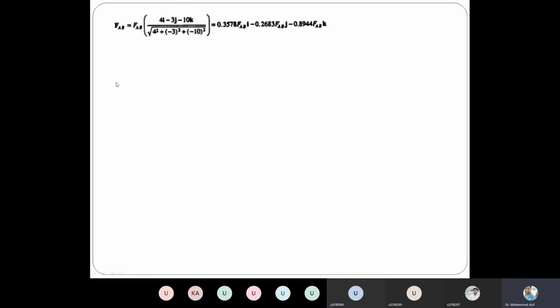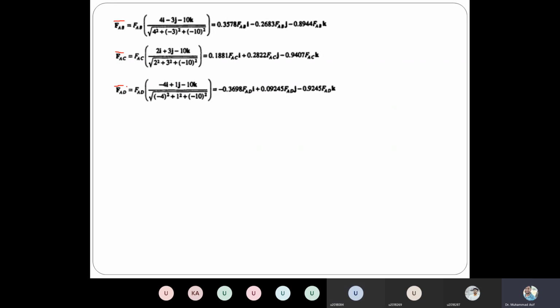So you got this force in terms of vector now. And then the second force, FAC. You multiply that force with the unit vector, so now you got that force in terms of vectors. And then the third force, FAD. You multiply that force with the unit vector. So now this is a vector force.